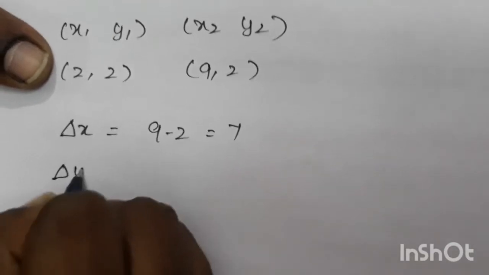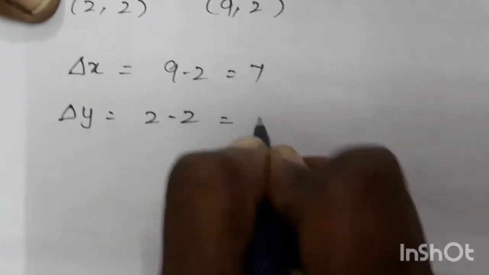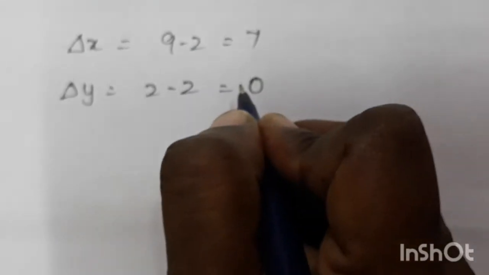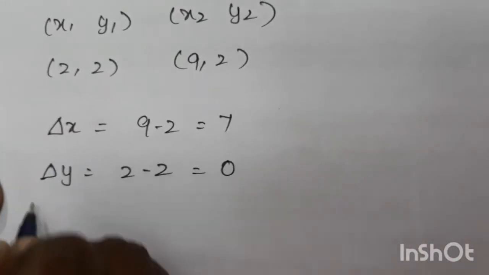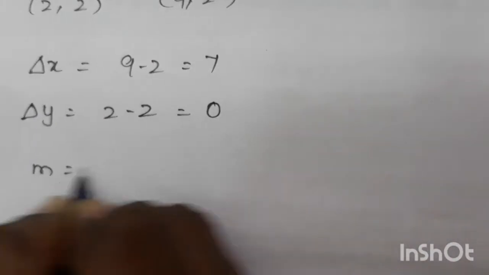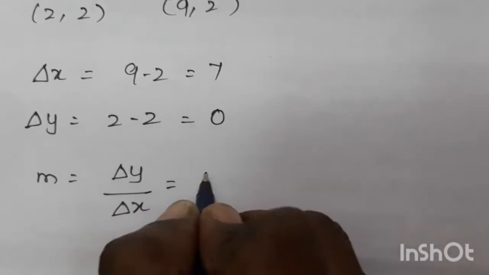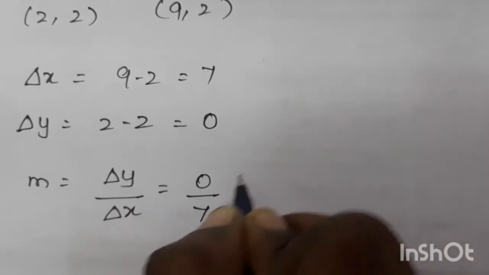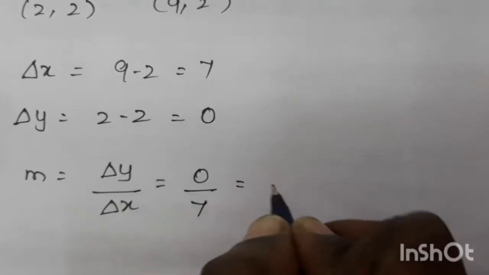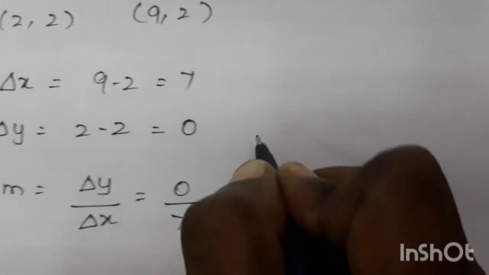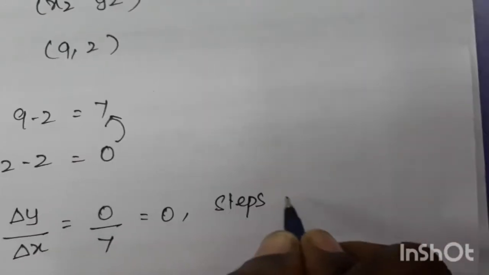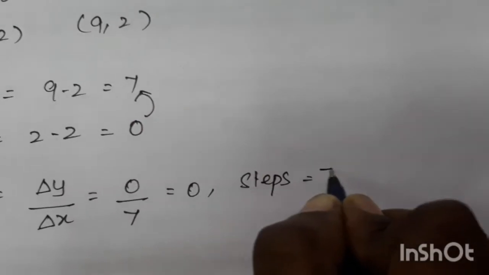Now we'll find out del y. 2 minus 2 is equal to 0. Okay. Now we'll calculate the slope. M is equal to del y by del x, that is 0 by 7, which is equal to 0, and the steps is equal to 7. We have to take whichever is greater as steps. So the steps is 7.